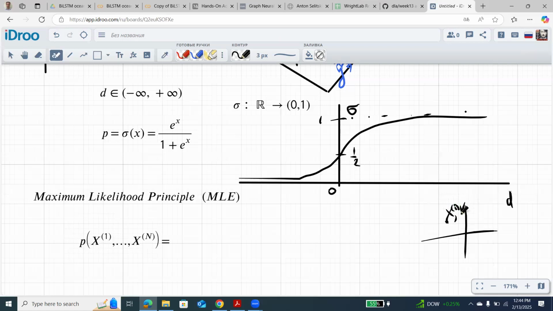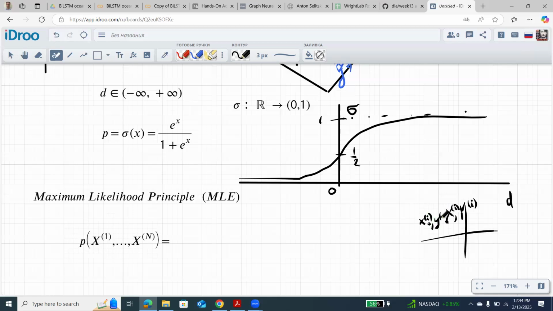I'm using capital letters for random variables. But when we get a sample from this distribution, we will get a real point here. The real coordinates we will denote by lowercase x_i, and we call this a realization of a random variable. And the target we will also denote by lowercase y.